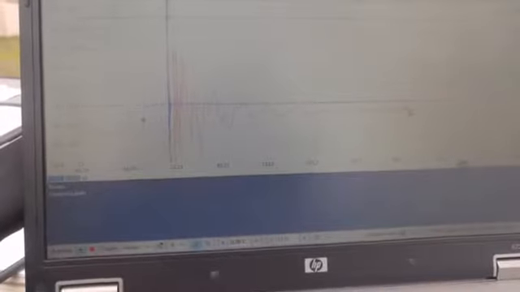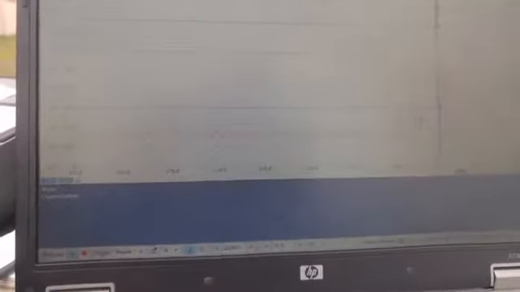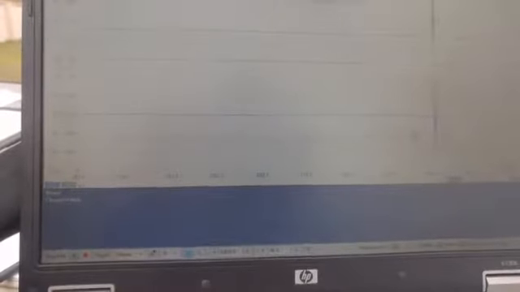that's 50 microseconds. Let me move the trigger over a little bit so you can see more. It's actually so fast it doesn't even fit on the screen.